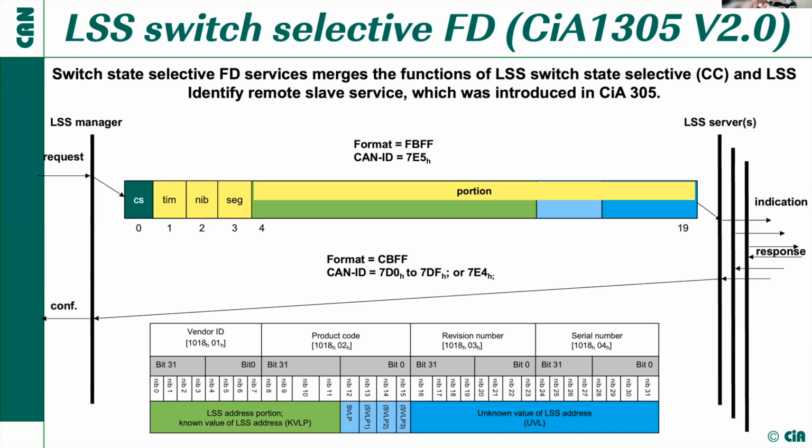And this is a great evolvement, because this allows us accelerating the scanning, because now we have for the first time the capability at the LSS servers to say, okay, you don't have to scan around for the next 4 bits, but I give you already the value of the next 4 bits. And then the LSS manager can enhance his next inquiry with the next 4 bits where he knows already.